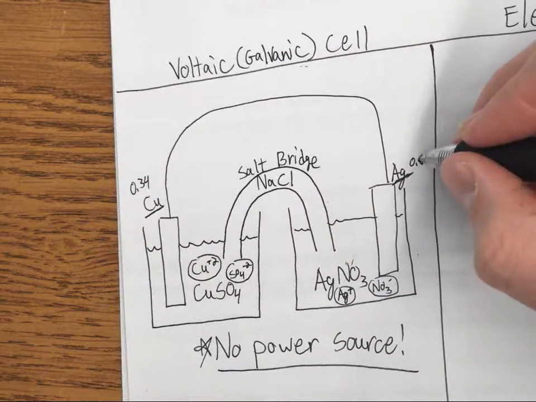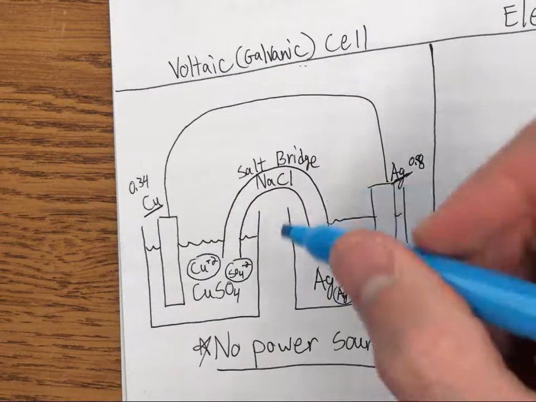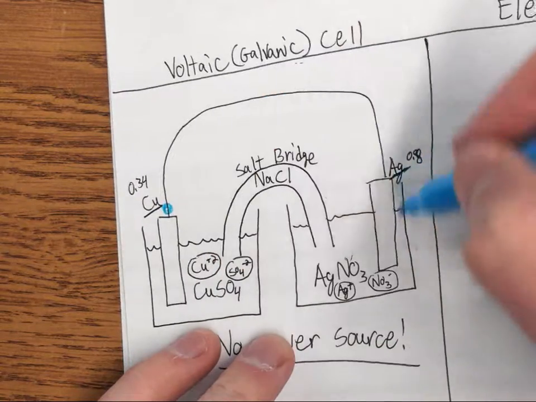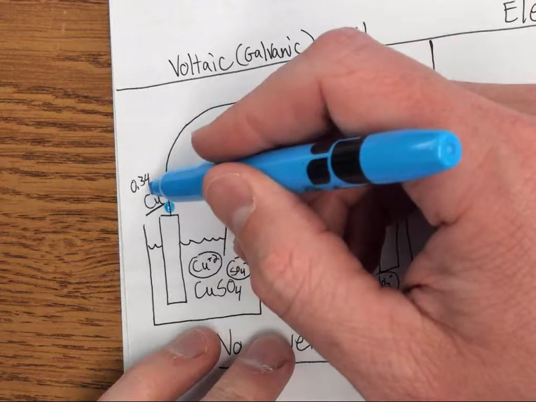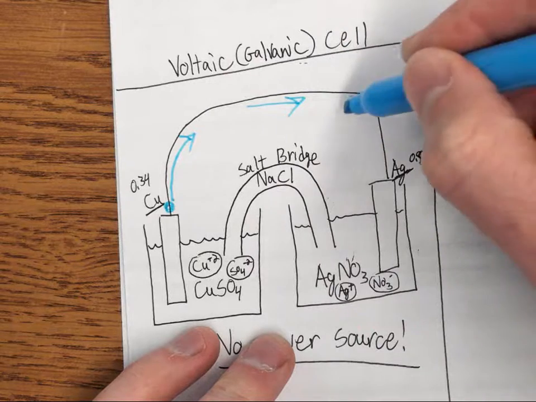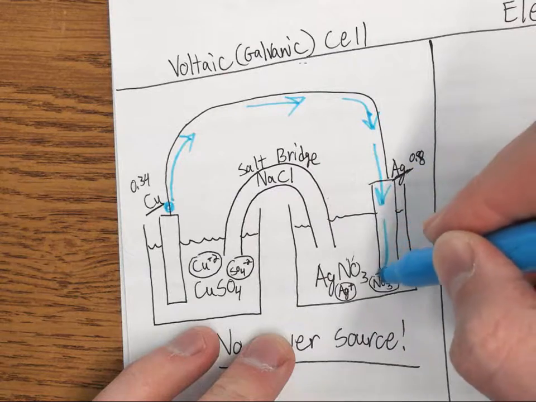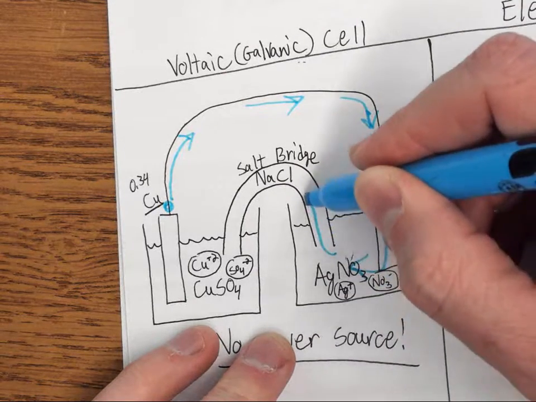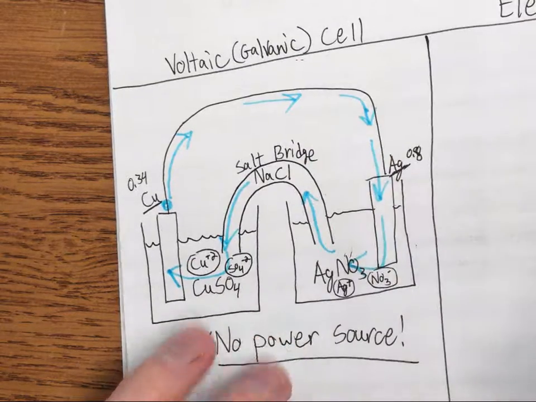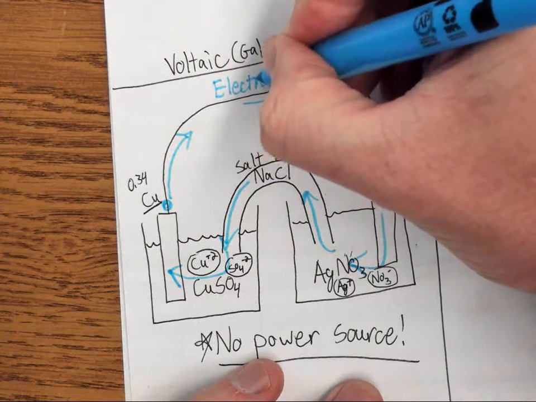If you're an electron, and I'm going to pick a different color here, I'm going to make my electron path blue, and you're on copper, on this wire, if this one's only 0.3, and this one's 0.8, he's going to want to go towards the higher number. So that means he continues all the way through, goes up the salt bridge, down through, and all the way around. So I'm going to put this as our electron path.